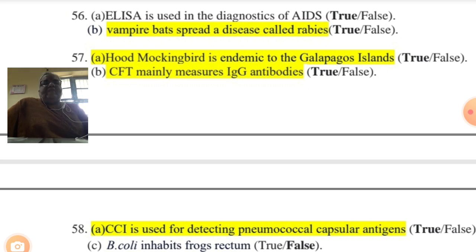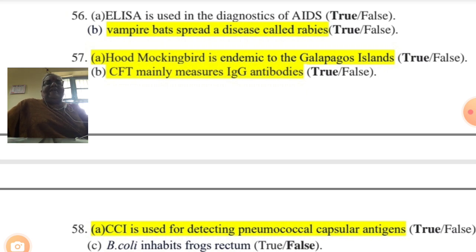57A. Hood mockingbird, that is Mimus, is endemic to Galapagos Islands. You must have watched on the Zoo Geographic channel and all, where they would have shown the fauna of these Galapagos Islands, and here you should know the term endemic. What is endemic?